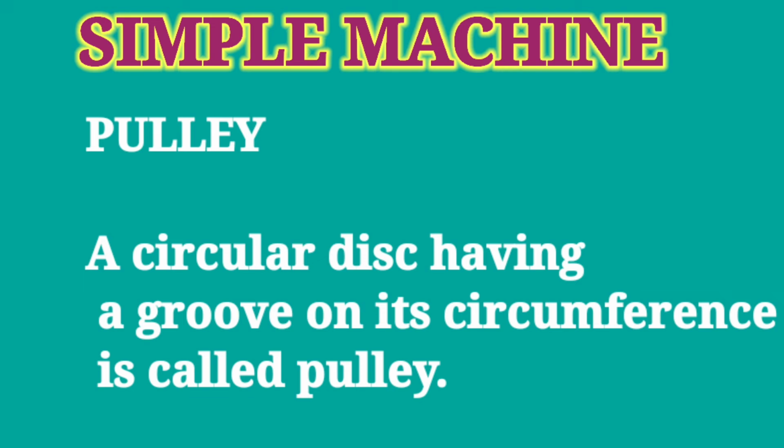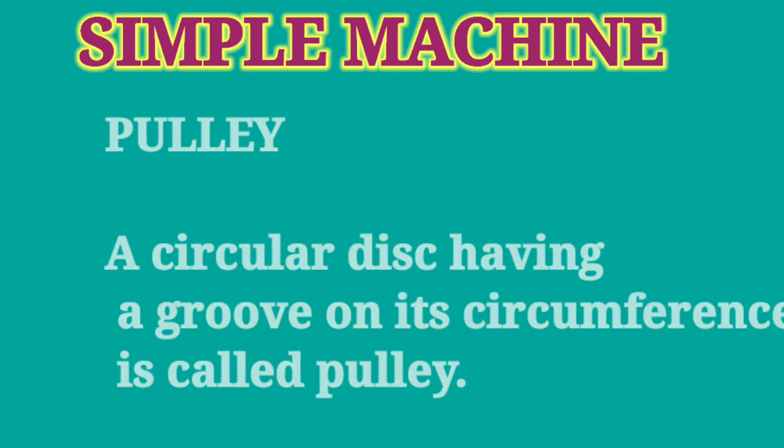Within that groove, the rope or string runs, and the groove is on the circumference of the pulley. The pulley makes our work easier by changing the direction of force.